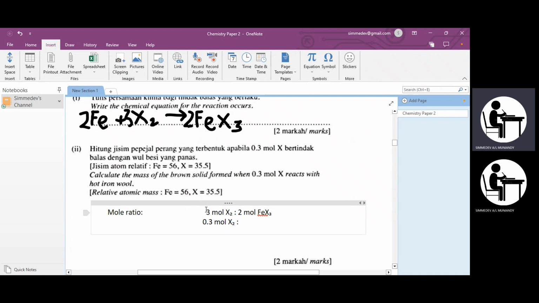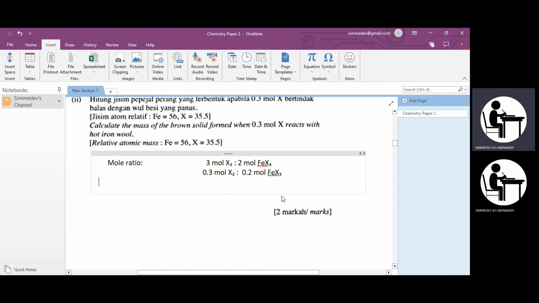This is divided by 10, so this part is also divided by 10, so it's 0.2 mole FeX3. I have to type this very carefully so that I don't give wrong information to you all. Okay, that is mole ratio.